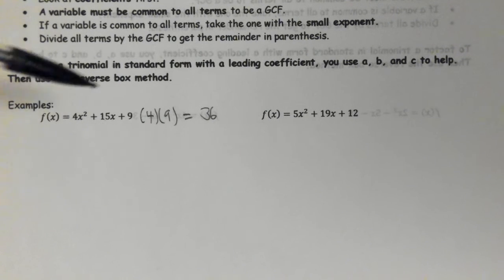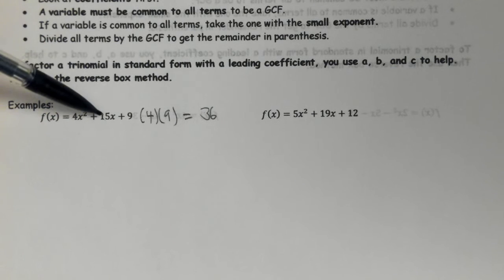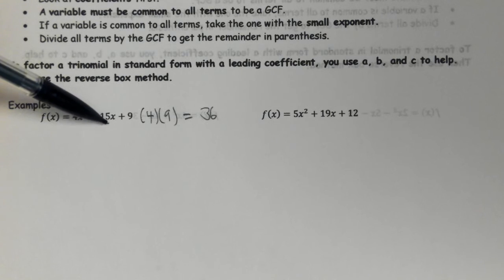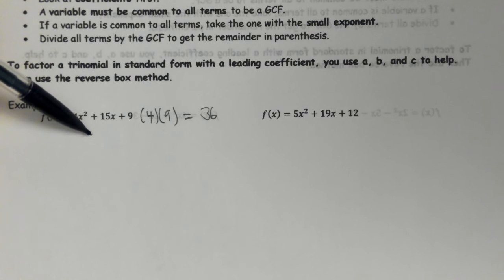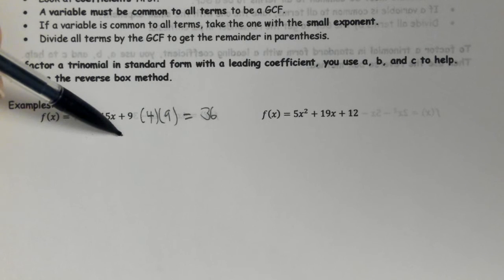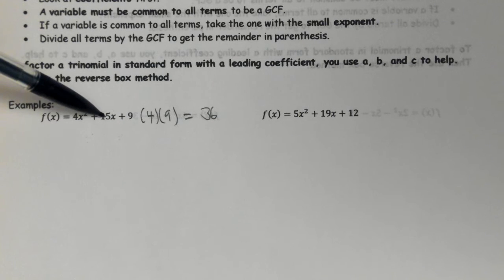Now, here's how it works. Once you identify the two numbers that multiply to get 36 but add up to 15, you're going to split this term into those two numbers. So in other words, I'm going to rewrite 15x as 12x plus 3x, because remember 12 times 3 is 36 and 12 plus 3 equals 15.